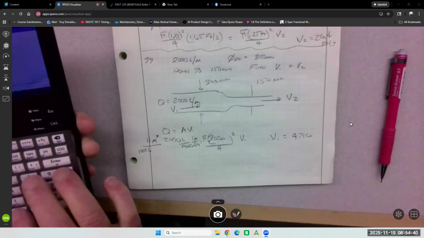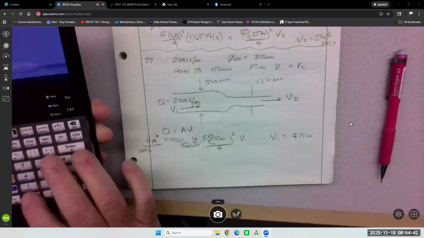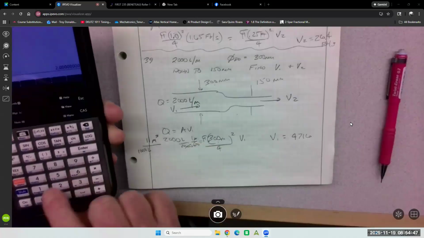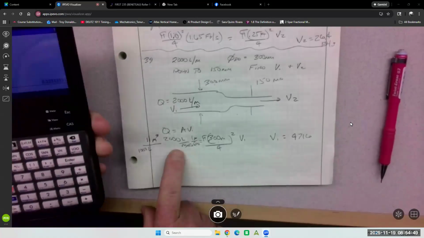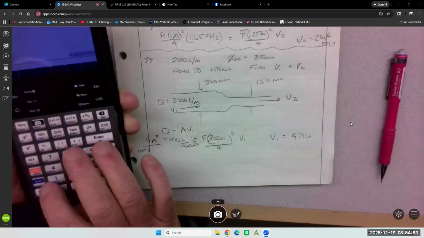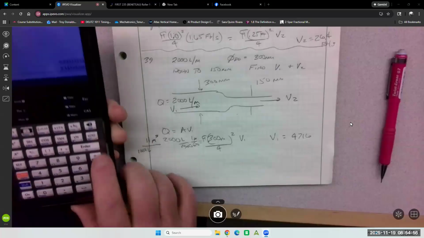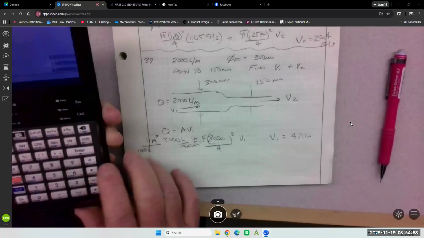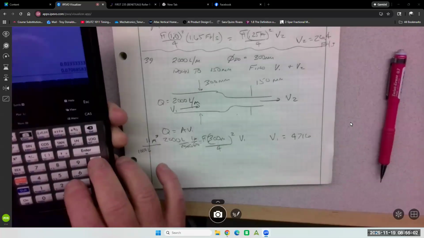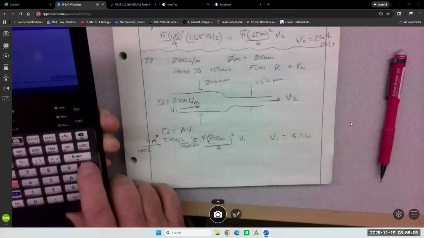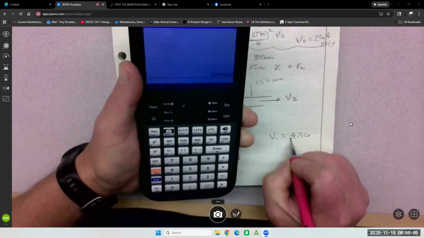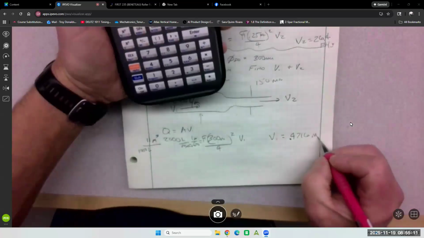So 2,000, 1,000 divide, and then 60 divide. So I get 0.03 on this side, and then I have to divide by this number. 0.3 squared, don't forget that. I might have forgotten something in there. Yep, 0.4715. And that's going to be meters per second.